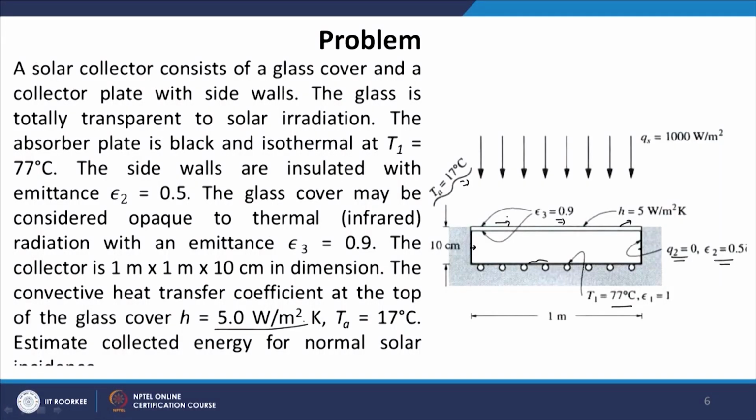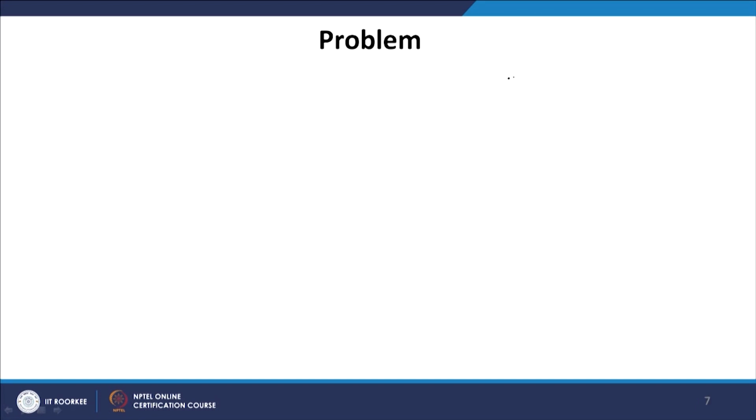First we will draw the network, and then we will solve this problem. So, we have surface 1 at the bottom, and let us call this EB1. It is black, so there is no difference between the radiosity and the emissive power.